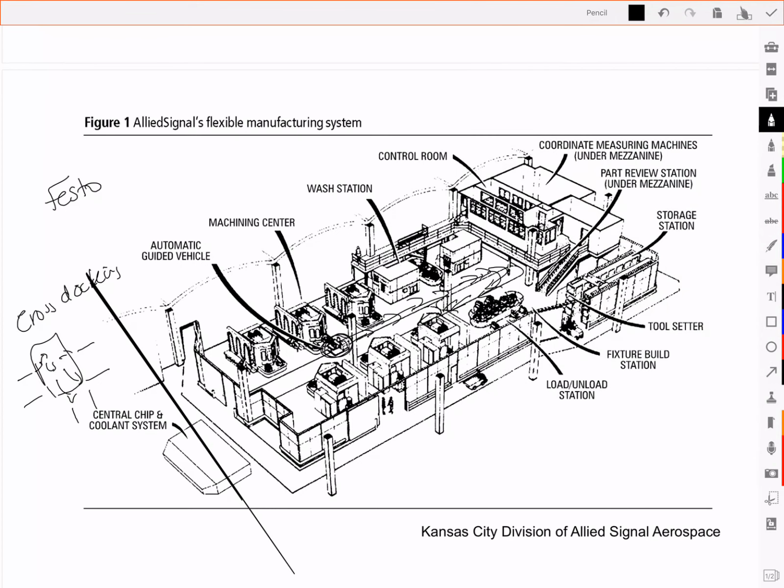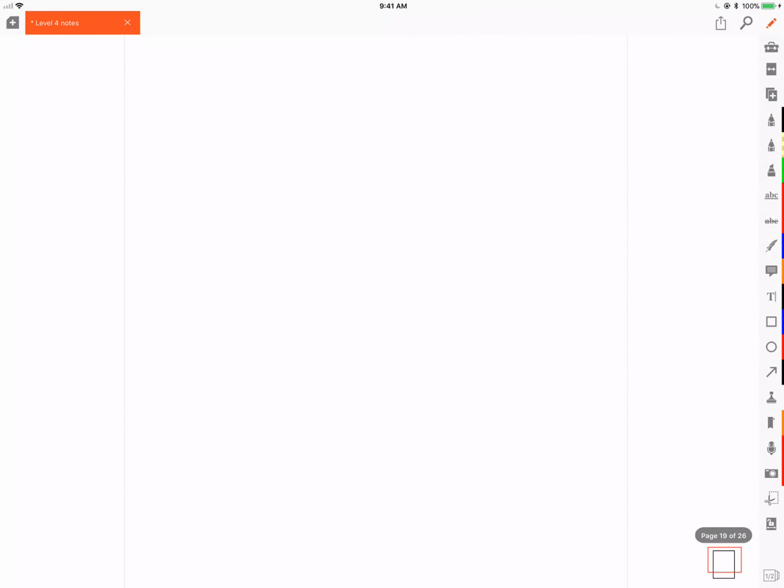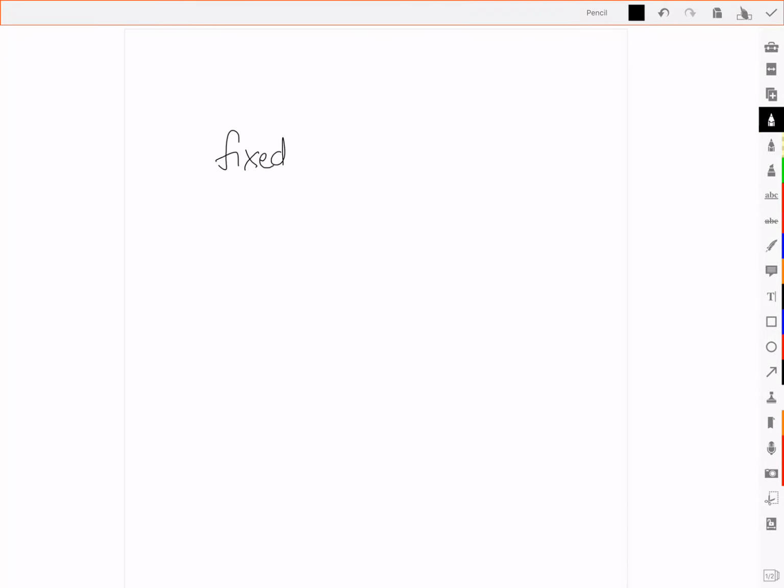If we are comparing our different types of automation, so let's just make a little chart here. So we have our fixed, and we have programmable, and we have our flexible. Okay. So we can look at volume, or quantity, or capacity.